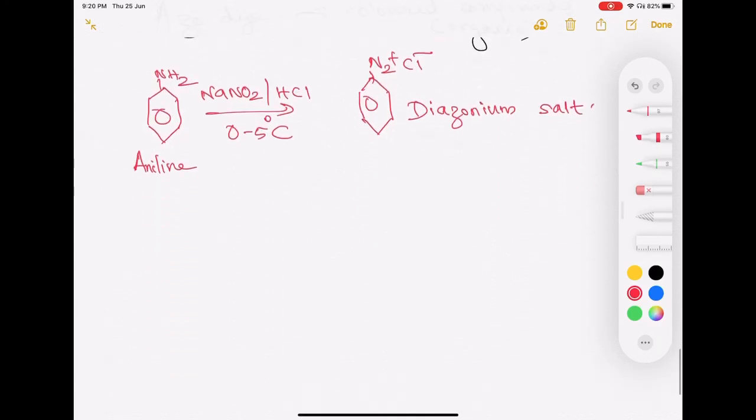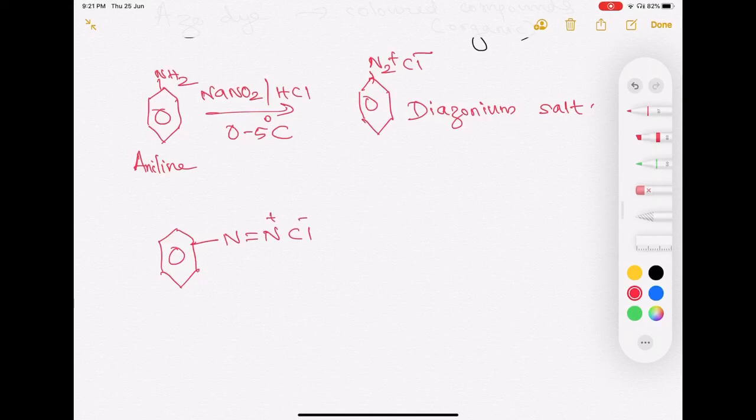This diazonium salt, I am reacting it back with aniline. This aniline I can write in another way also, right? Diazonium salt I am writing, N double bond N Cl, here it is N2+ Cl-. In a sense I am writing like this only, not a problem.